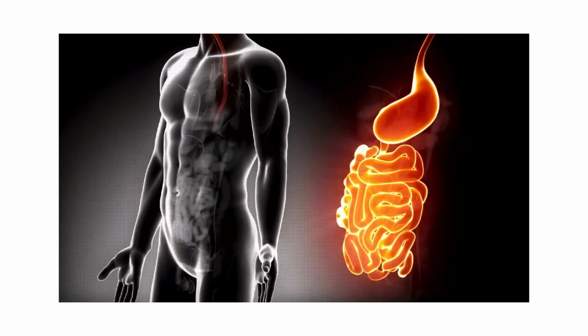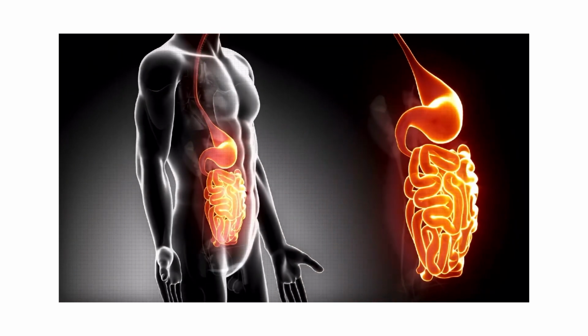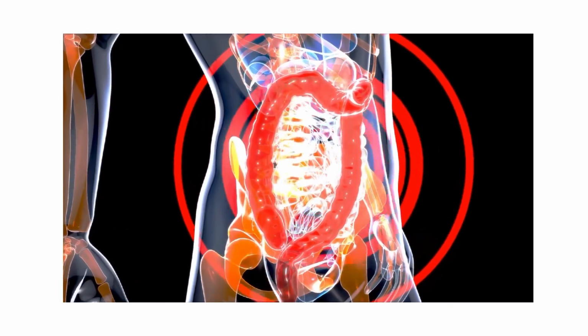Your gut transports food from your mouth to your stomach. It converts it into absorbable forms that enter into the bloodstream, delivering nutrients throughout your body, storing energy, and shuttling wastes out of your body.